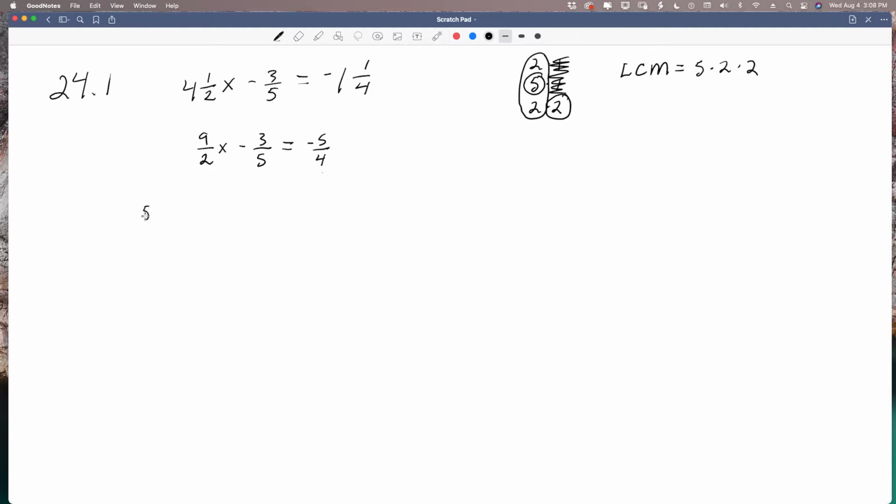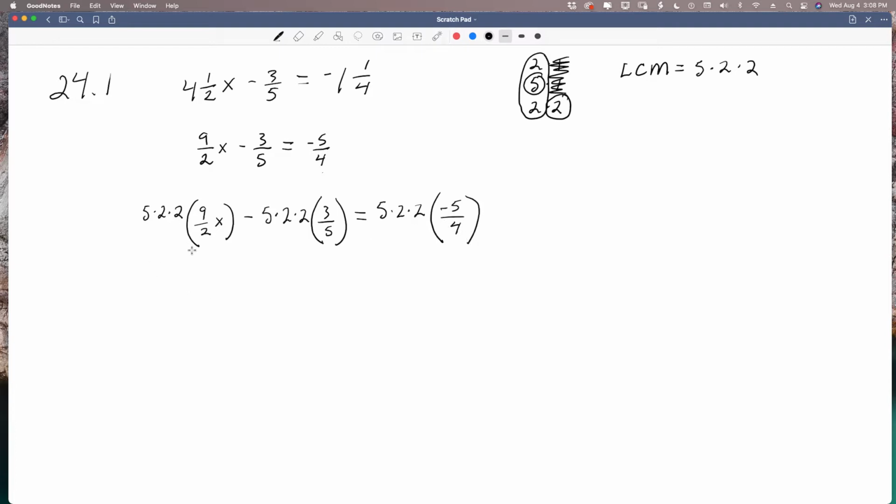So we're going to say 5 times 2 times 2 times 9 over 2 x, same thing, minus 5 times 2 times 2 times 3 over 5 equals 5 times 2 times 2 times... I'm sorry. I was looking at this one when I wrote that. It should be times negative 5 over 4.